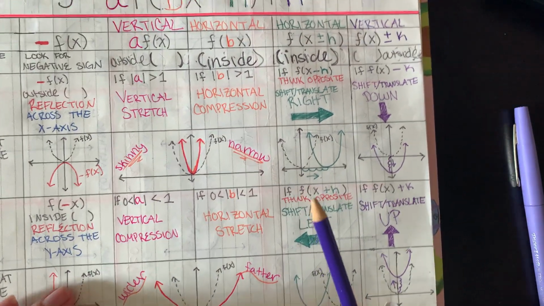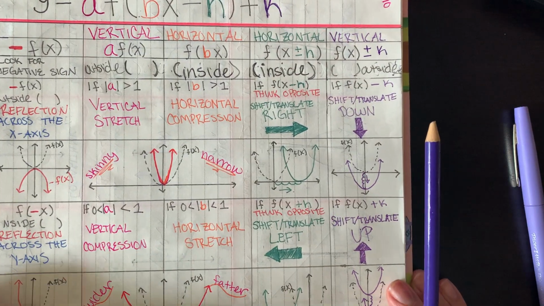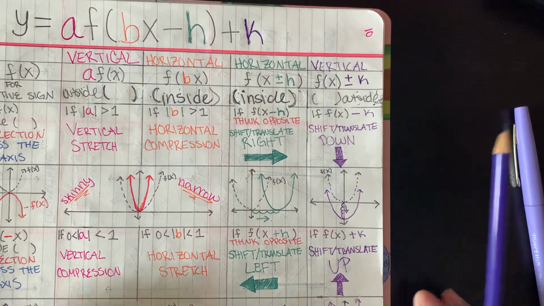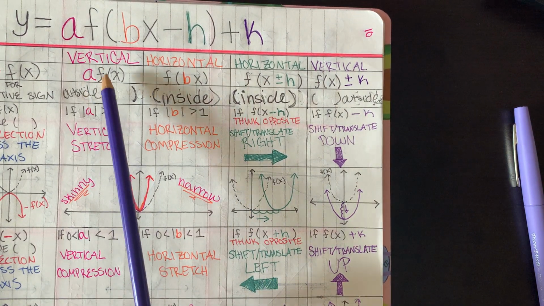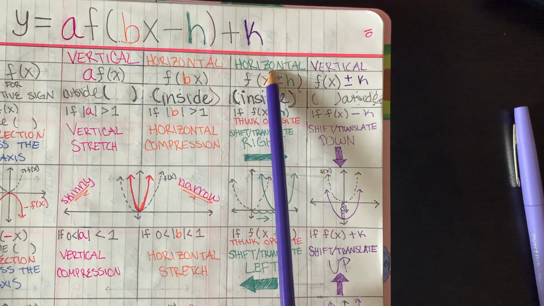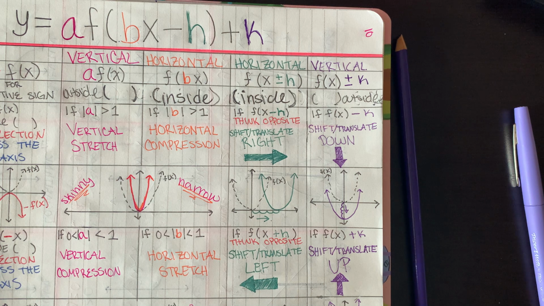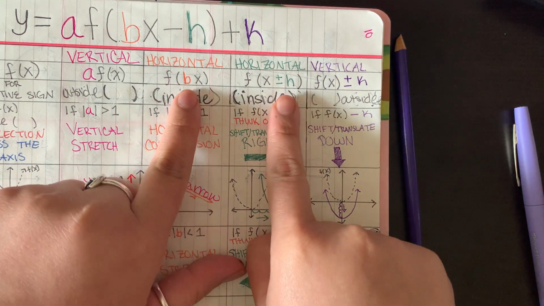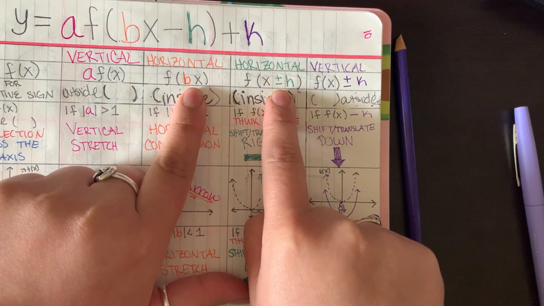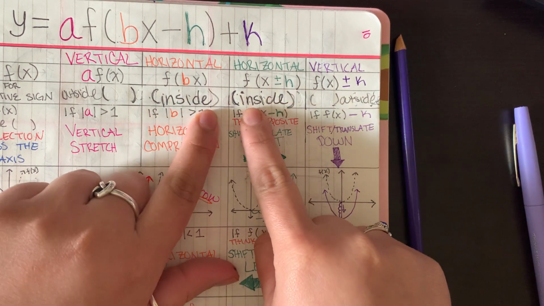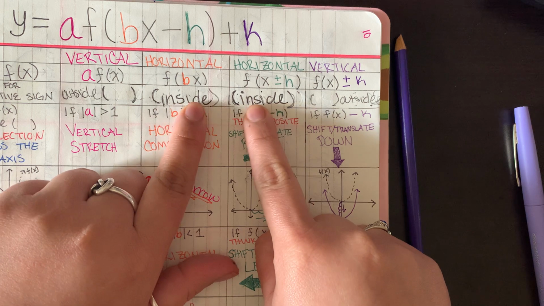Now, let's focus on this half of the graph. You will notice that up here, I wrote vertical, vertical, horizontal, horizontal. Let's see why that makes sense. Notice that both of these, this b and this h, both of these transformations happen inside the parentheses, right?